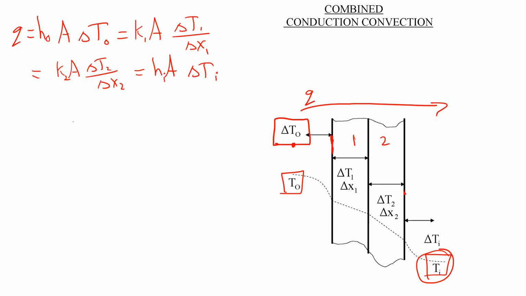So if I go ahead and take this equation, recalling that conductive thermal resistance is the thickness of the material divided by thermal conductivity, and my convective resistance is 1 over H, I'm going to solve for each of my delta T's.